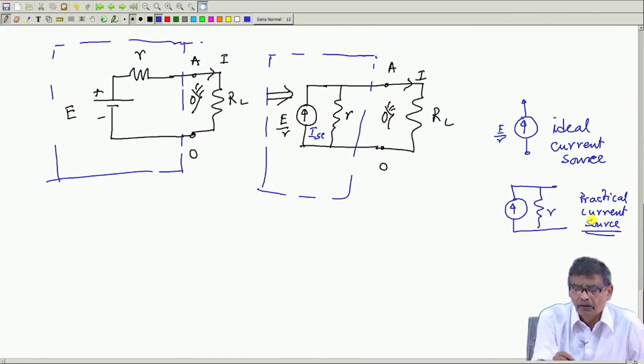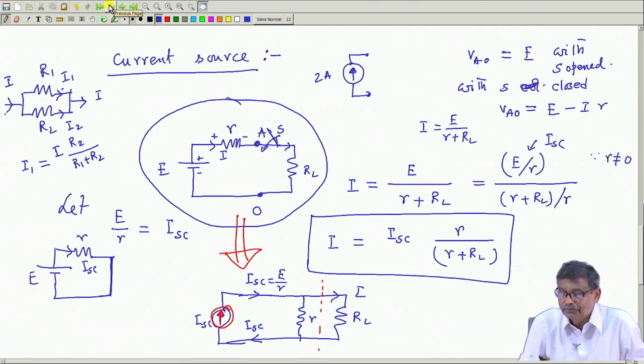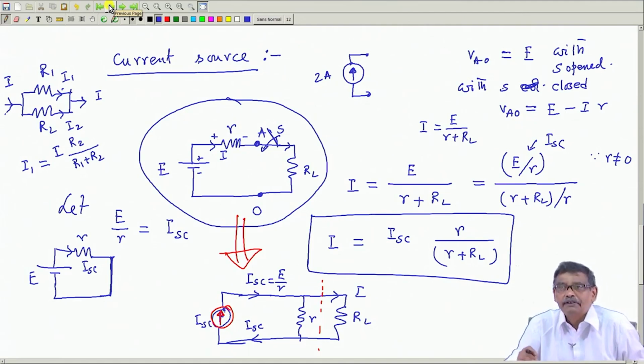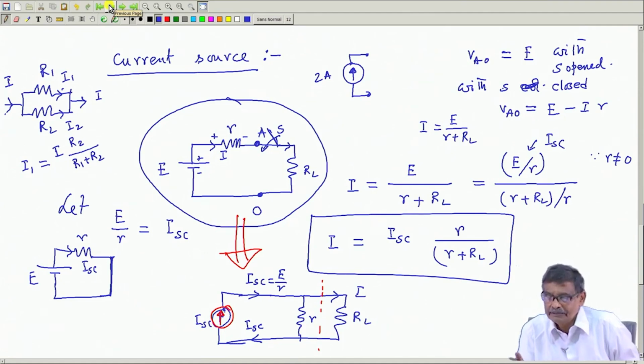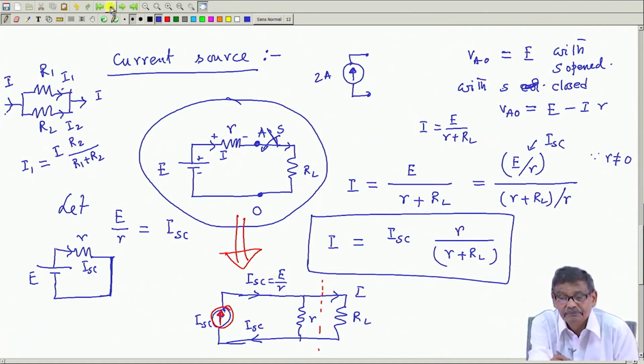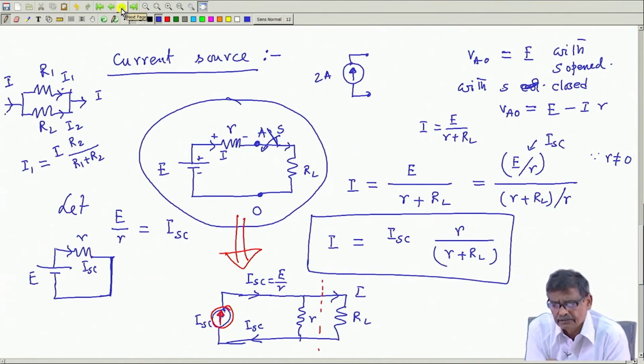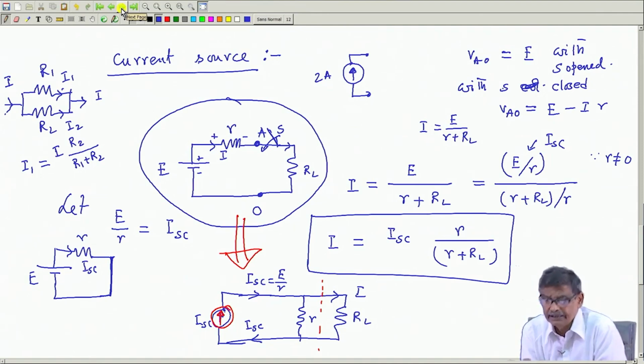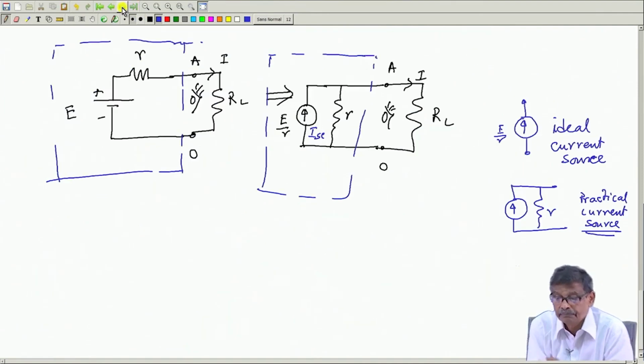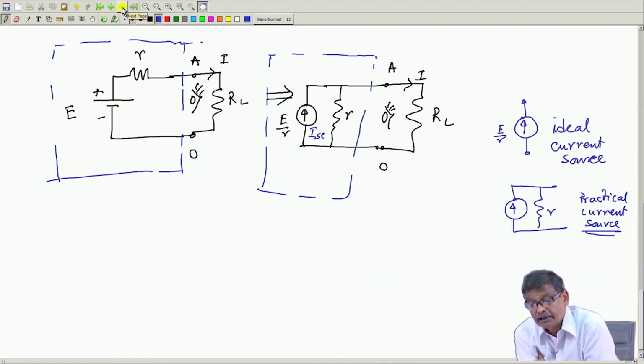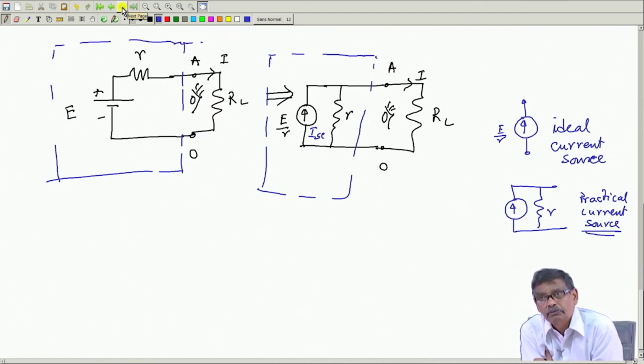So, please, although very simple, but try to understand the nicety of looking at these same things in a different angle. Between point A and O, if you look into the circuit, I will say, who told you there is E and R in series? Inside this black box, it is actually a current source which supplies constant current.